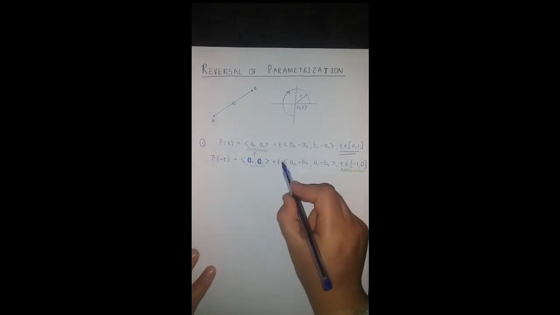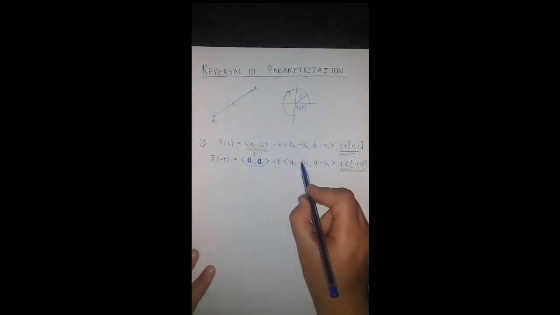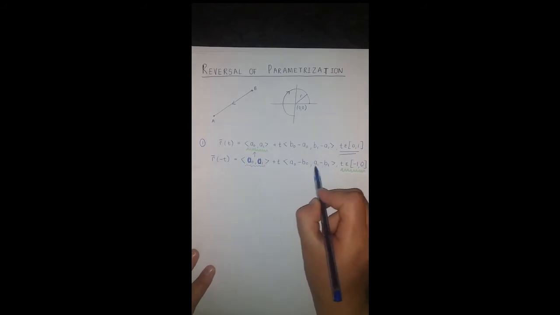And then we multiply this by negative, but that changes the order inside of here. And very important to remember is that you also change this t to be -1 to 0. So you multiply what's inside here with -1, but you can't go from 0 to -1, so you have to say it goes from -1 to 0.